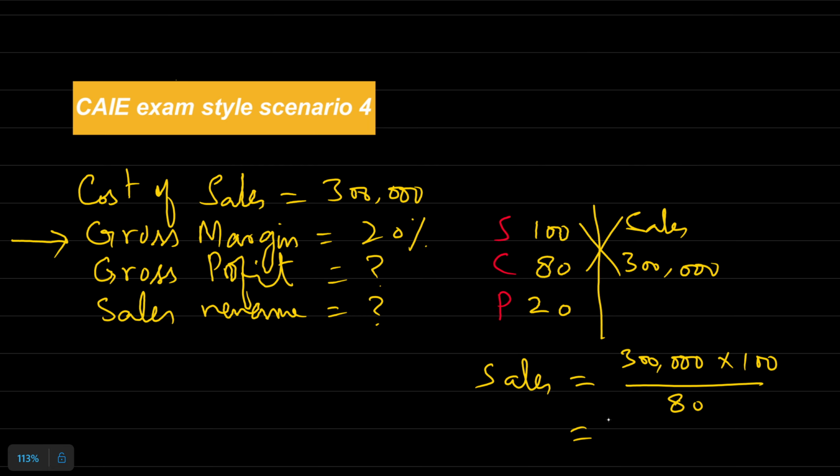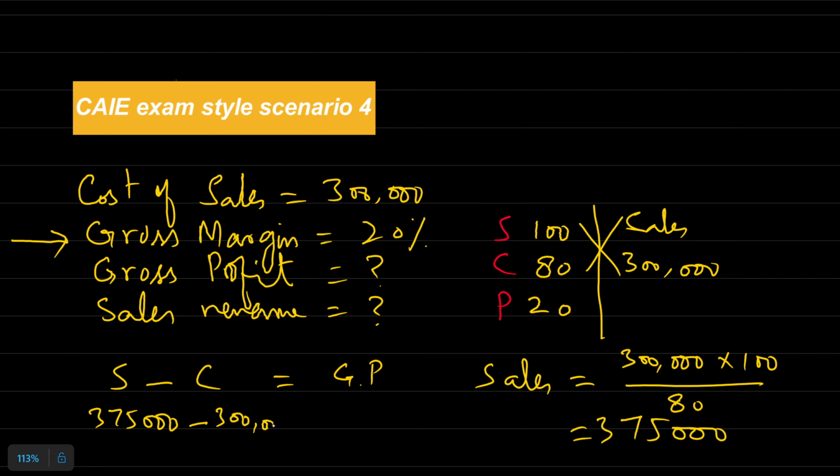If we solve it, it will be 375,000. So sales revenue is 375,000. So sales minus cost is equal to profit. Sales we have calculated as 375,000 and cost of sales is given in the question. So the profit will be equal to 75,000.